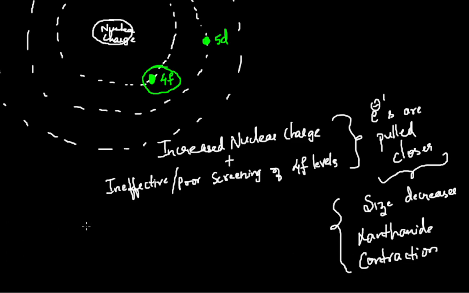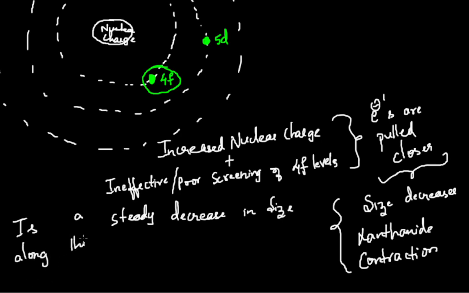So lanthanide contraction is a steady decrease in size along the series of elements La to Lu. Okay, a simple concept, very important in understanding the chemistry of lanthanides and actinides.